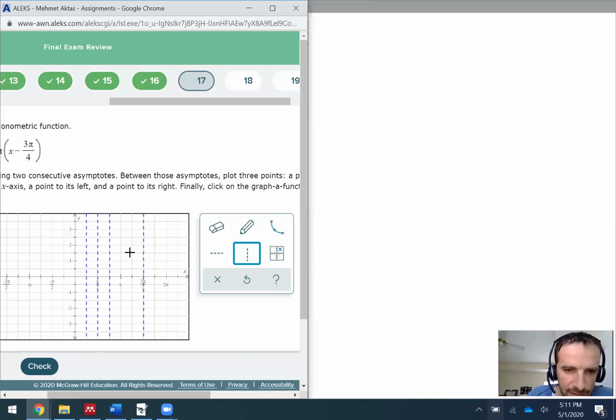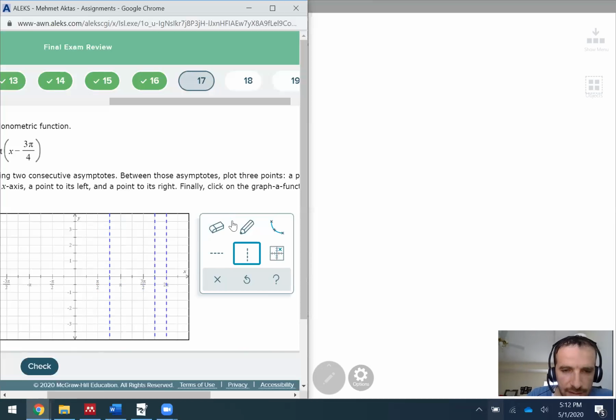Yes. I have too many asymptotes. Let me erase those ones. Okay, nice. So 0 plus 3 pi over 4 is this point, right? 3 pi over 4. And the other one is pi plus 3 pi over 4, which is this guy. So we got two asymptotes.